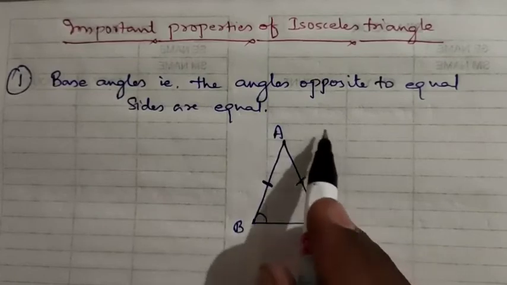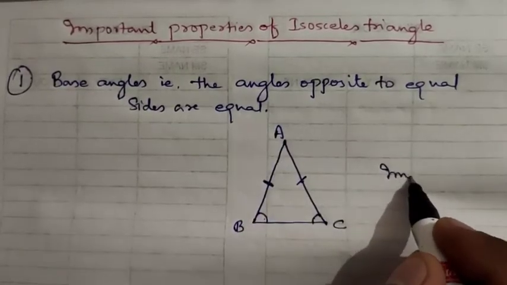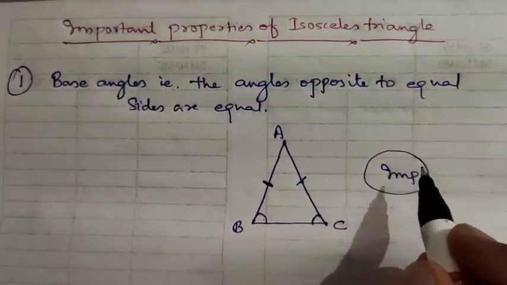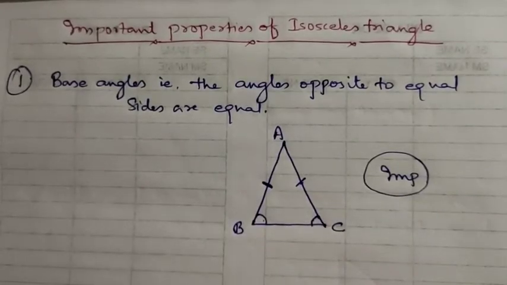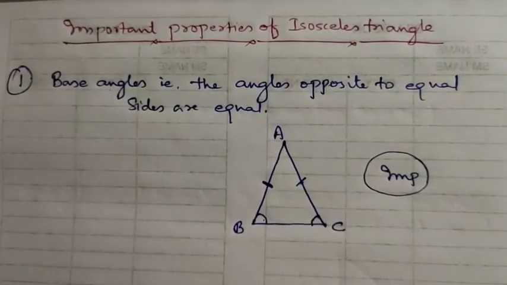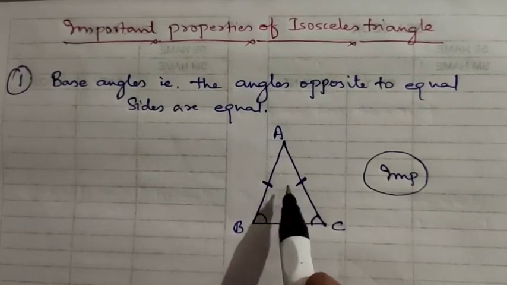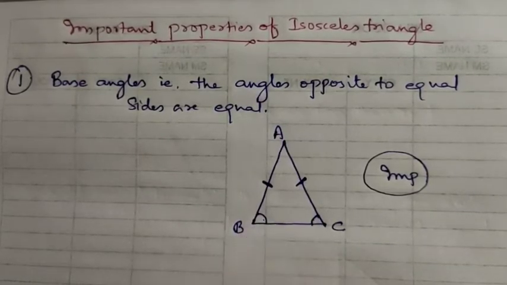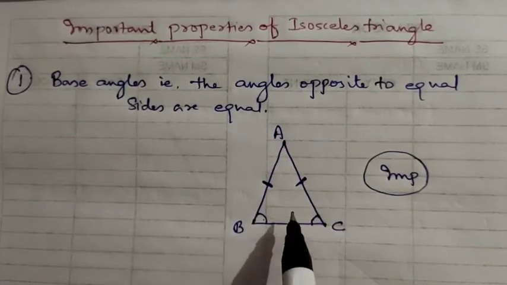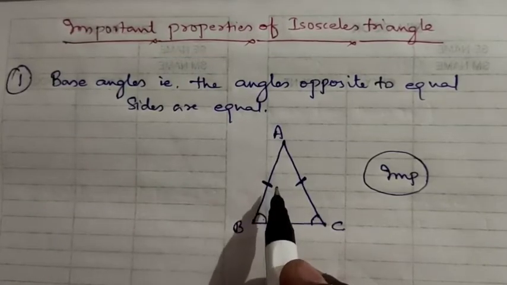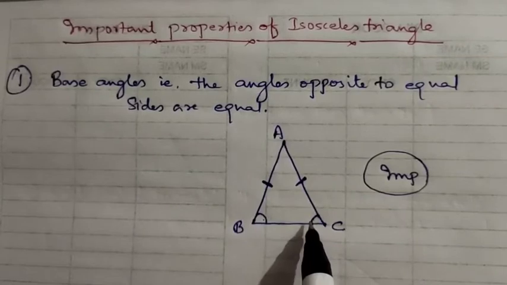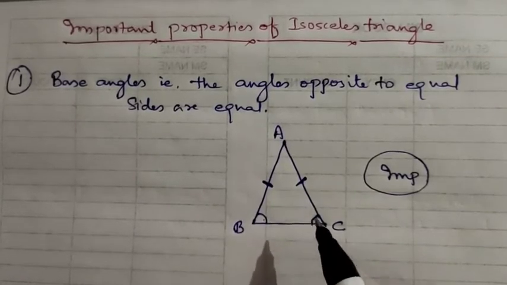This concept is the most important concept, and most of the questions in the second exercise are asked with this concept only. That is, if the 2 sides are equal, it means that the opposite 2 angles will also be equal, and conversely it is also correct.